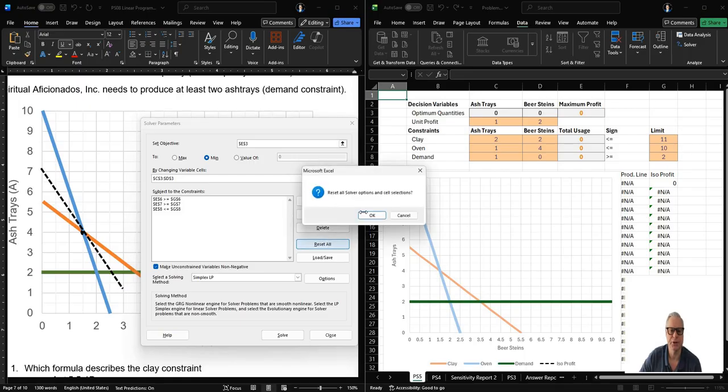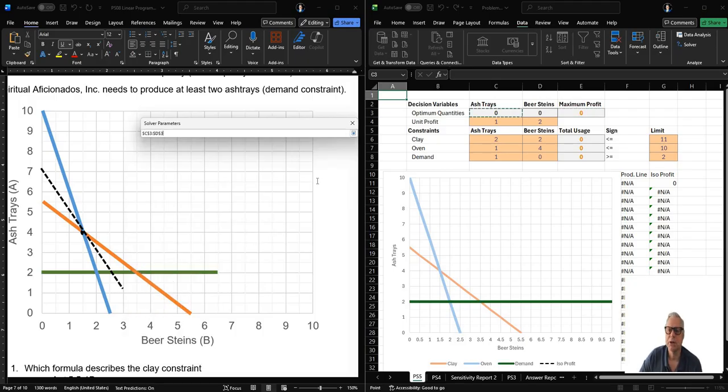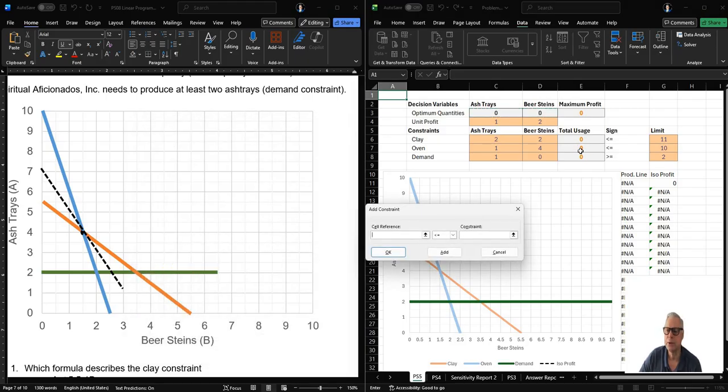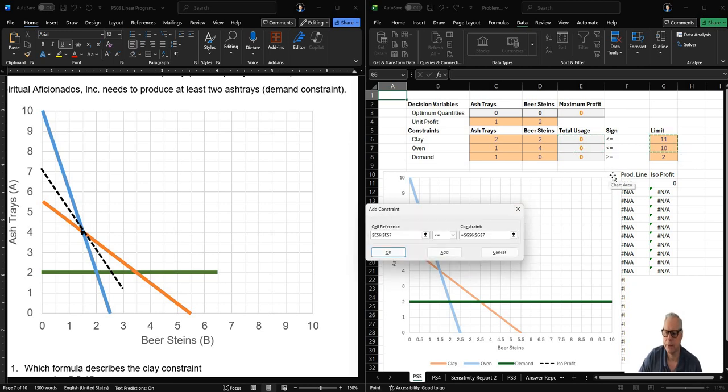I just reset all. Okay, so my maximum profit is in cell E3 by changing those two cells. And my constraints are the first two are less than or equal. So I can combine the first two by dragging and dropping those cells.